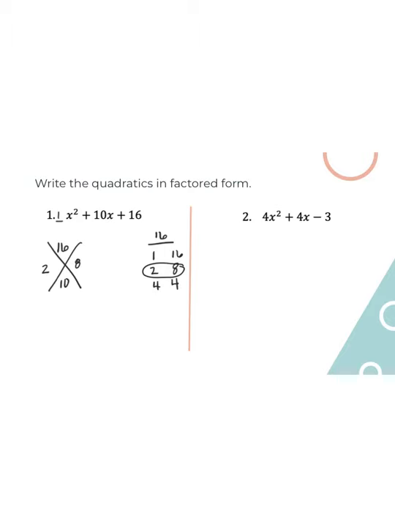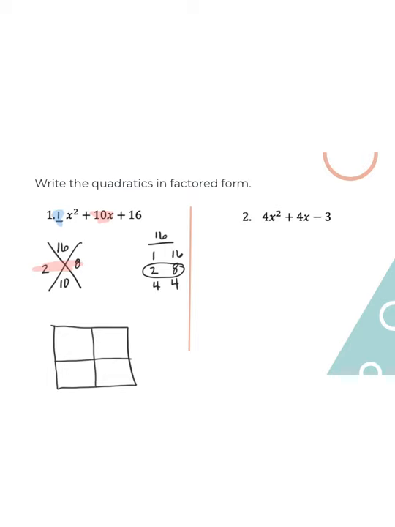Once I have those, I'm going to set up my box, but I'm going to replace this middle, that 10x, with that 2 and that 8. Okay, so the first step is draw your box. Then you're going to put what's in the box. Remember this first one, we're just going to put in the first spot.